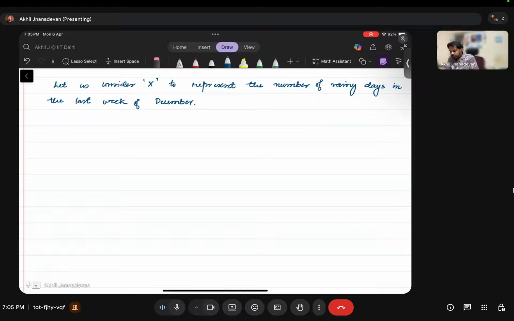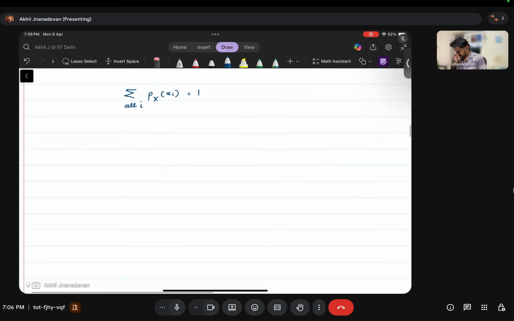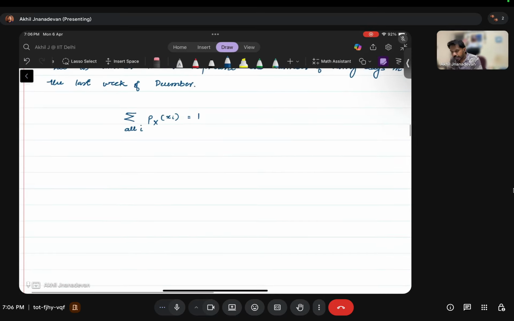So the value of C can be evaluated like this: the total probability should be 1, right? Since it's a discrete case, it will be an addition. So the summation for all i of p_X(x_i) should be equal to 1, right? We have to add for all i's.